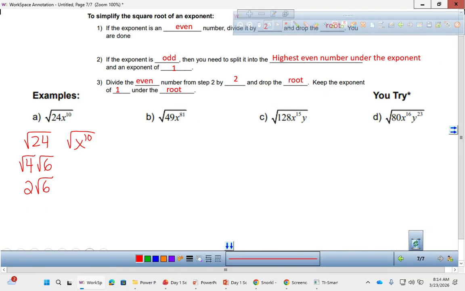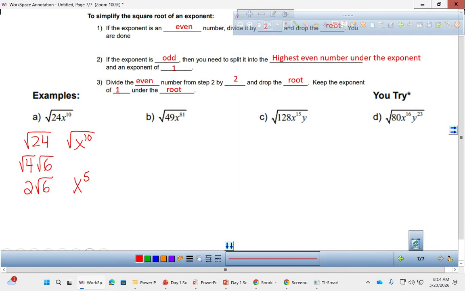If it's even, you're going to divide by 2 and drop the root. So I'm going to divide this by 2, x to the 5th, because 10 divided by 2 is 5, and I'm going to get rid of the root completely. So the square root of x to the 10th is x to the 5th.